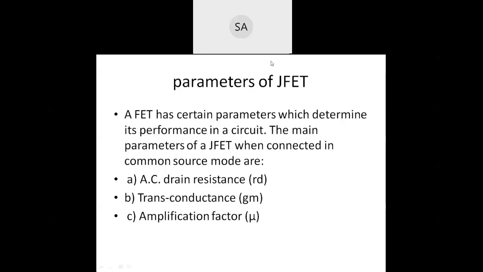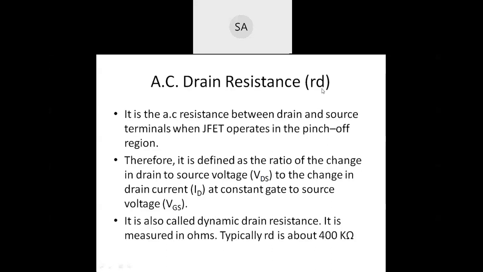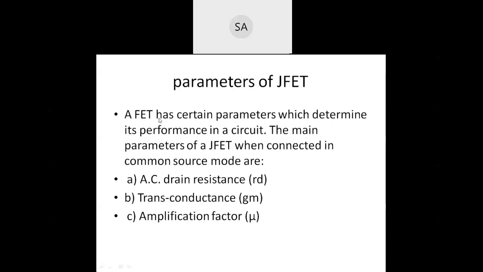Now let us discuss the parameters in the JFET. A FET has certain parameters which determine its performance in a circuit. The main parameters of a JFET are defined when connected in common source mode.